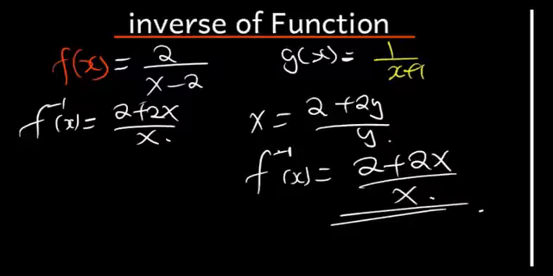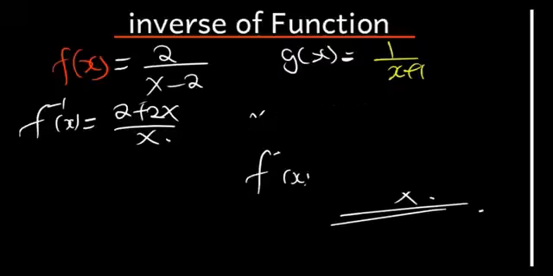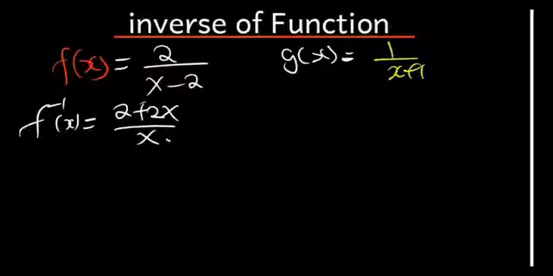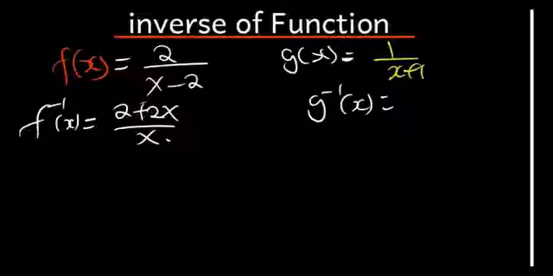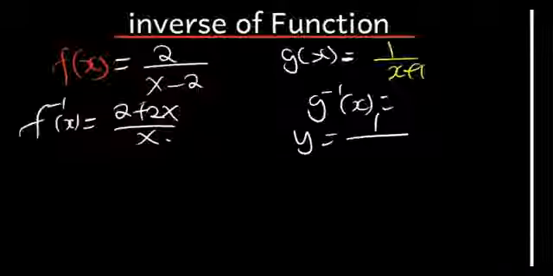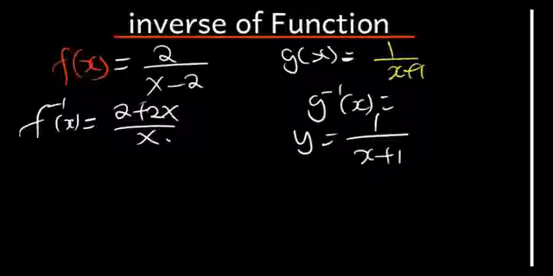Let's find the inverse of the function g. So what would be the inverse in this case? Remember, we are trying to find this. So I'm going to replace g of x with y and make x the subject of the formula. I'm going to say that y will be equal to 1 divided by x plus 1. My goal is to make x the subject of the formula.